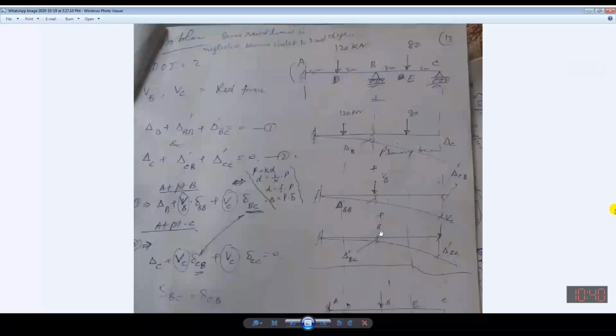This plus this plus this. Whether it is shown downward, it will make no difference at all. You will see that automatically it will come out to be 0. It should have been 0.